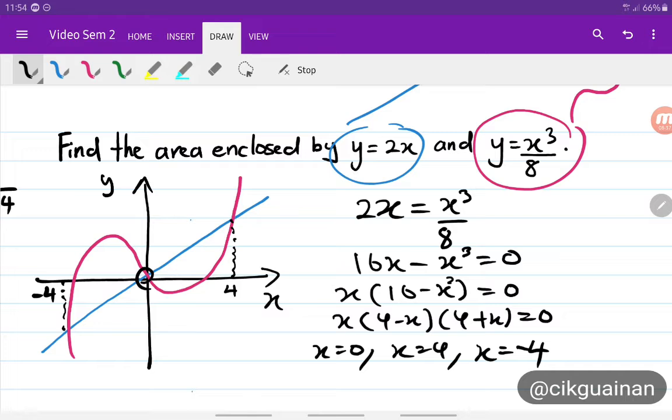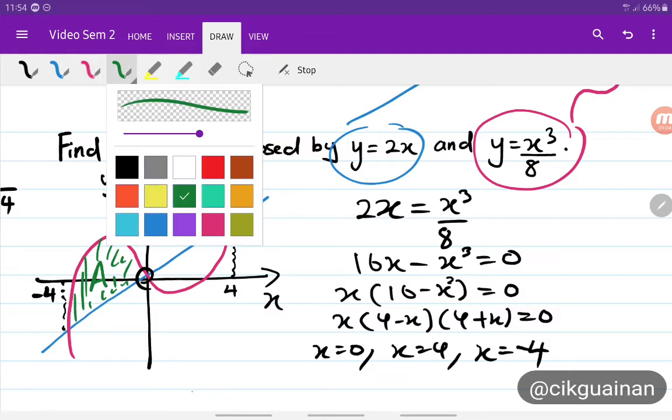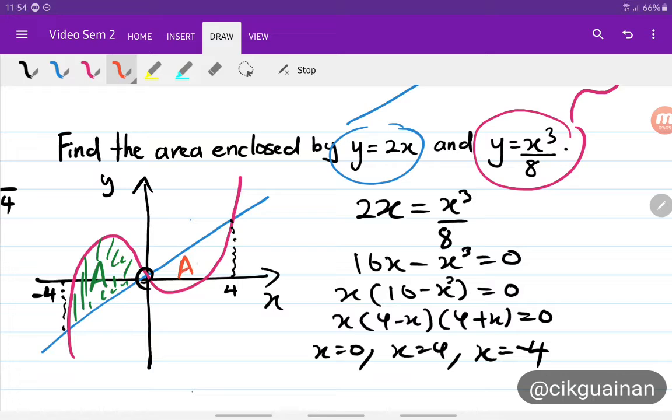So the area that we want to find is from minus 4 to 4, enclosed by both curves, this one. I think I sketched it wrong, but never mind, more or less like this. And then the other one, I use a different color, orange, A2.